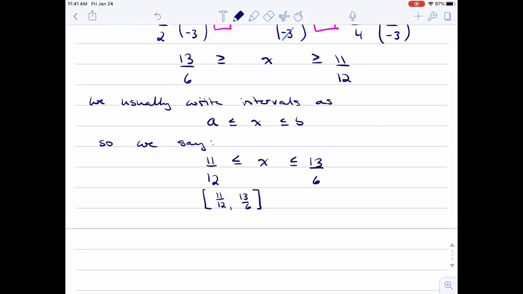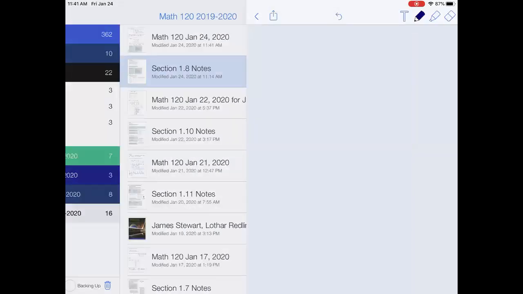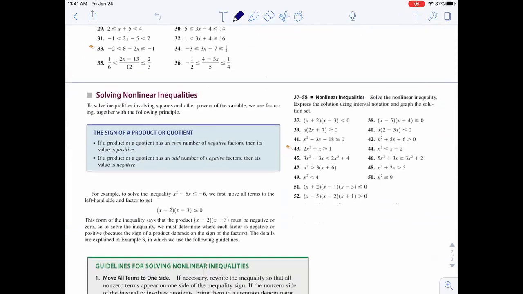Nonlinear inequalities are inequalities that look like this. What we'll see is that there are steps for solving nonlinear inequalities. They will involve factoring, but for me, that means just using the quadratic formula.